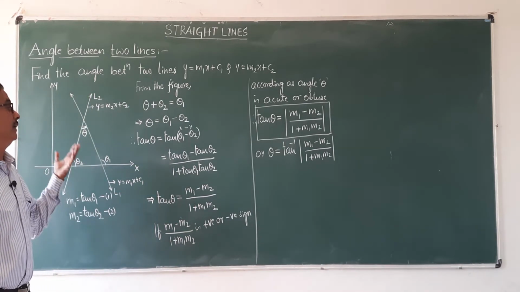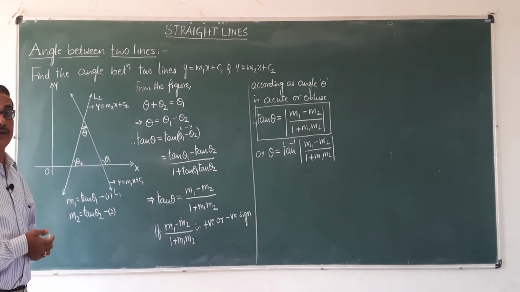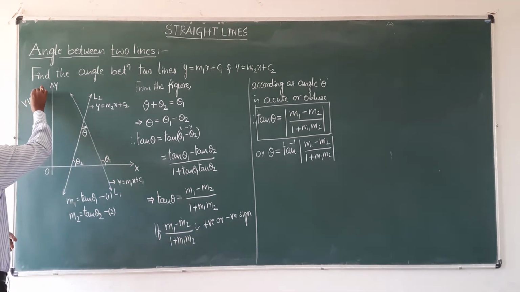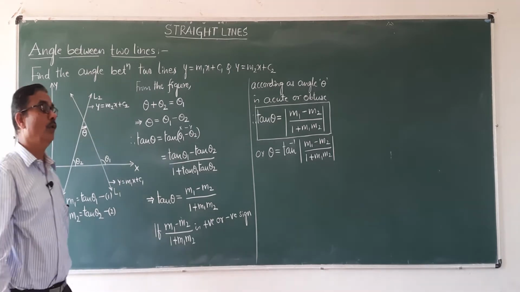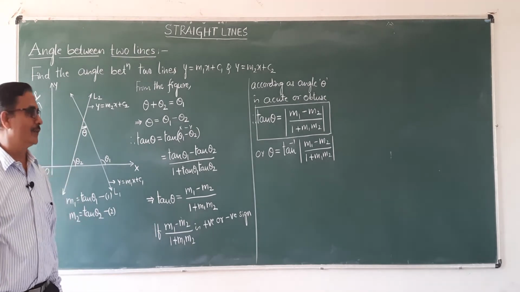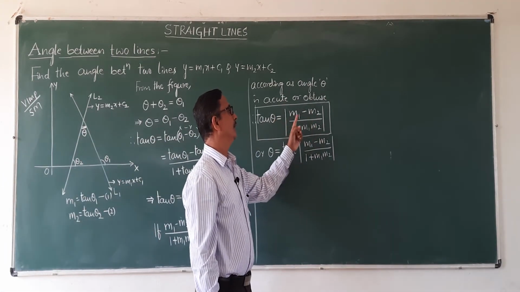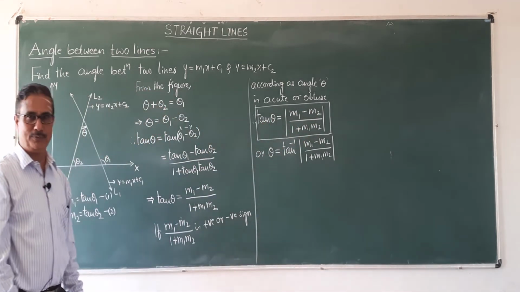Now the question: derive the angle between two lines y is equal to m1x plus c1 and y is equal to m2x plus c2, where c1, c2 are constant values, m1, m2 are slopes. So remember that formula, tan theta is equal to modulus of m1 minus m2 by 1 plus m1 into m2.